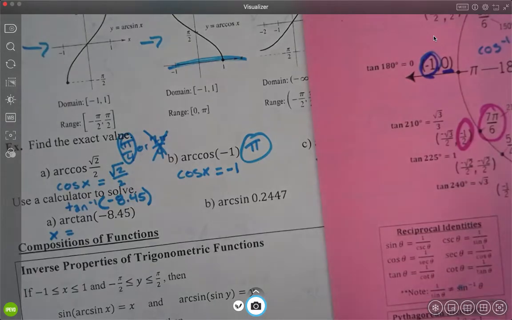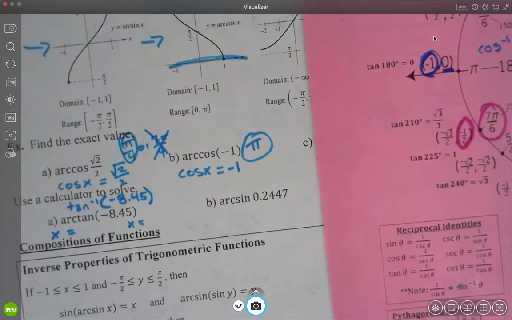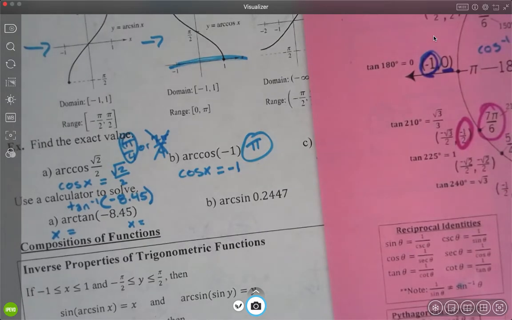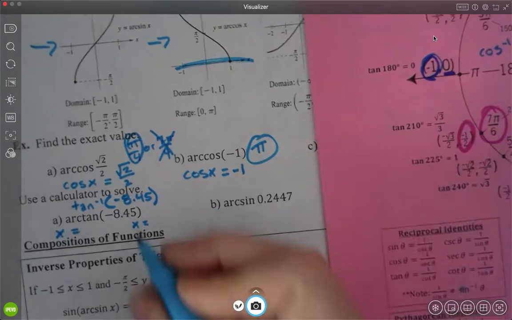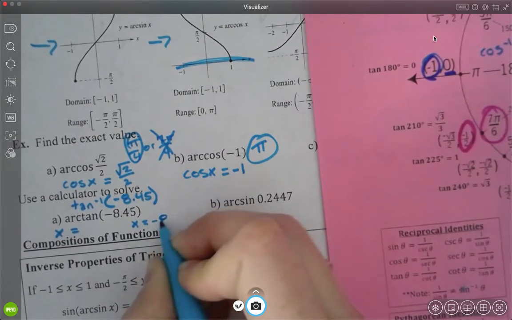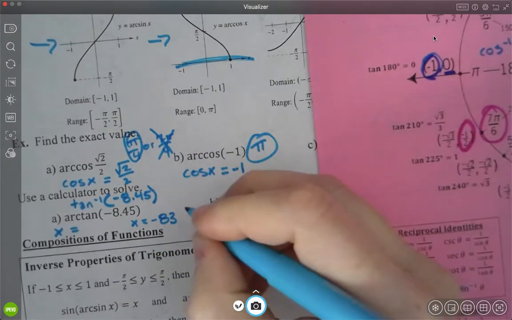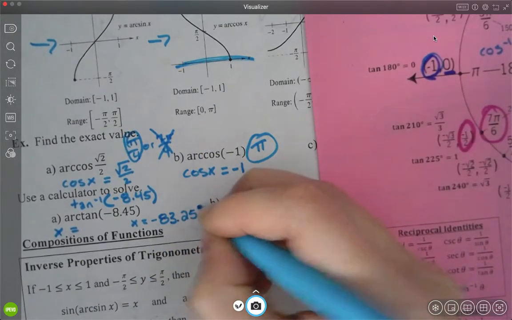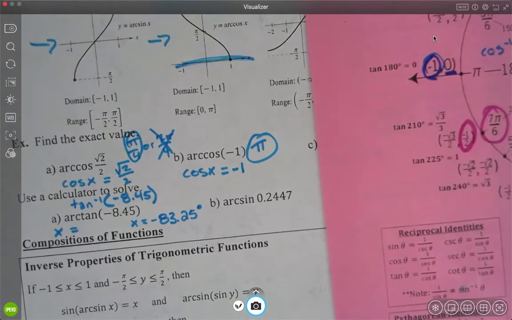So let's have somebody do radians, somebody do degrees, and we'll figure out the answer. -83.25 degrees. Okay, what is that in radians? If you have your calculator in radians, do the same thing.